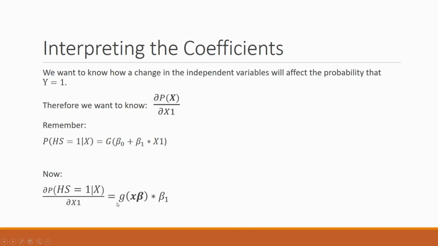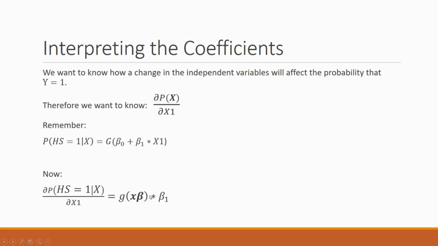Watch my videos on derivatives to get a review of the chain rule to understand this derivative that we just did here. So what we see is that the change in the probability that the dependent variable equals 1 given a change in x1 equals beta 1, that's what we would expect, beta 1 times this other function.